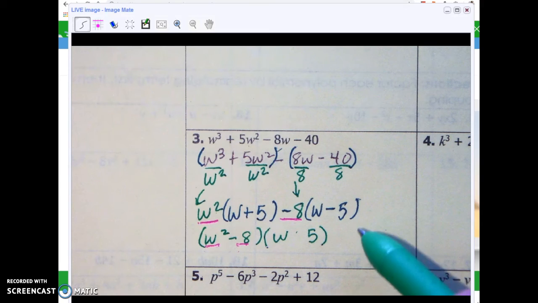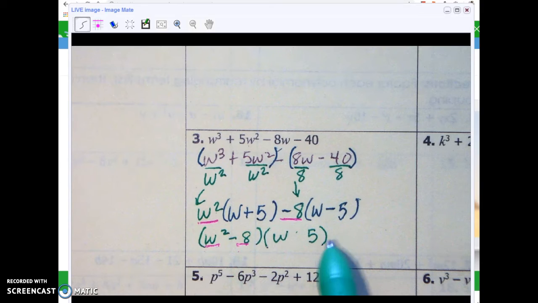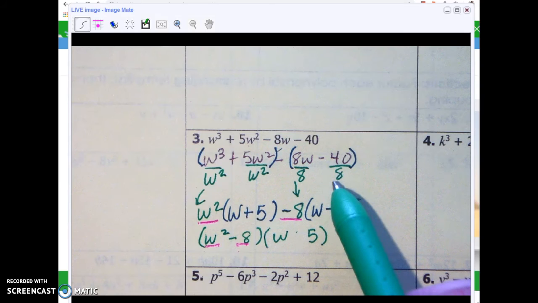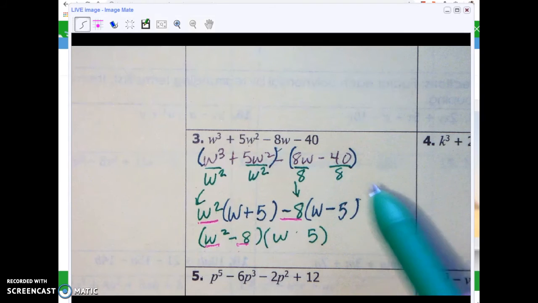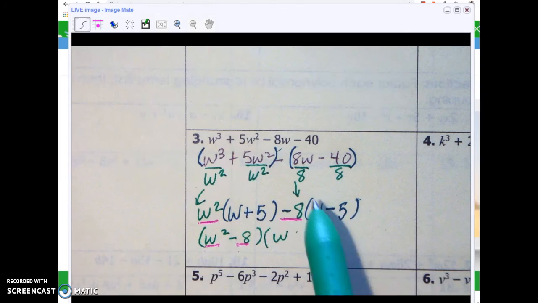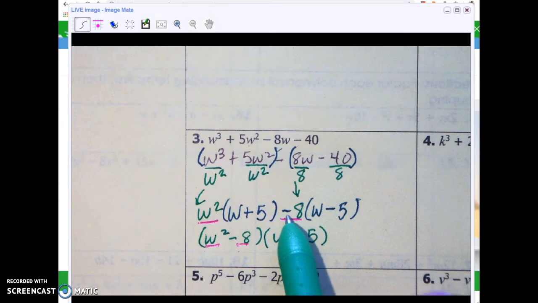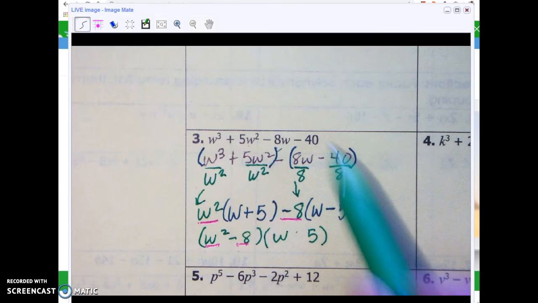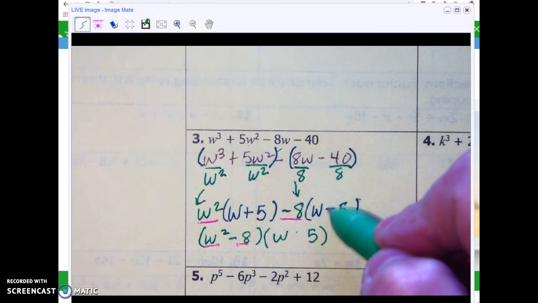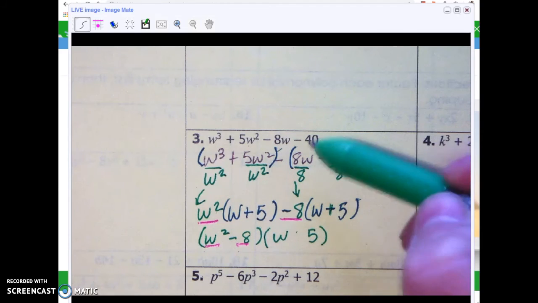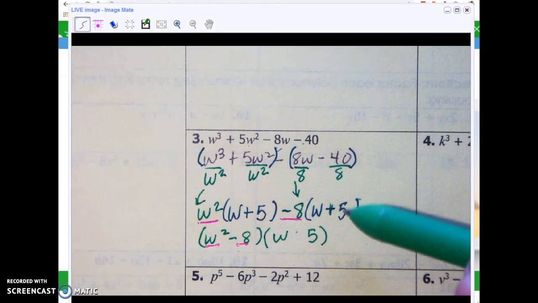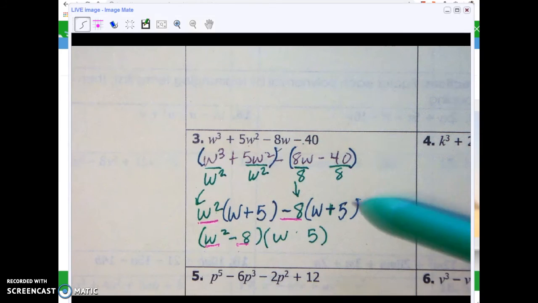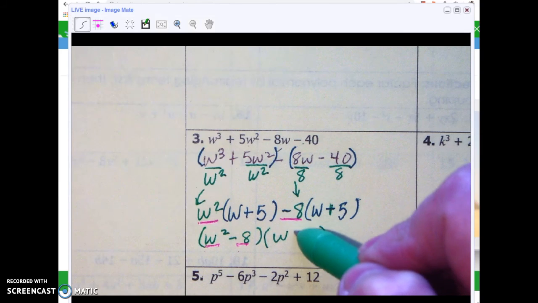When I multiply negative 8 times negative 5, what do I get? Negative times a negative is a what? Positive. Okay, so that is what tells me that this negative number times this negative number would give me a positive. Therefore, this has to be positive because this must be negative. Negative times a positive will always be a negative. So that's how I know this has to be a plus.